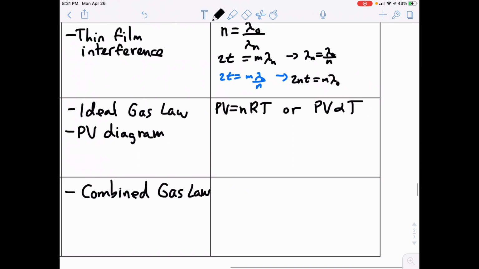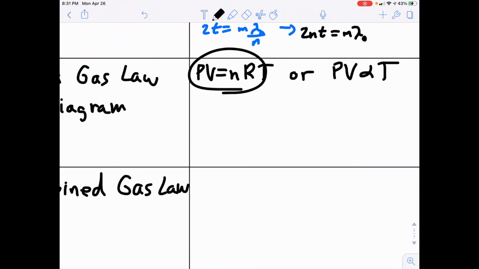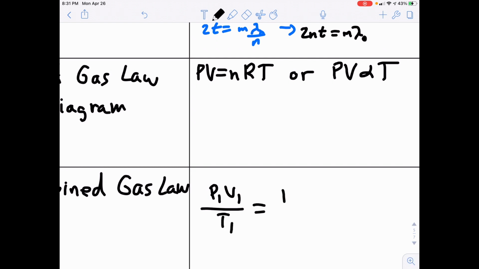Combined gas law takes the idea of PV equals nRT at one pressure, volume, and temperature and relates it to PV equals nRT at another pressure, volume, and temperature. And so we end up with P1 times V1 over T1 equals P2 times V2 over T2.